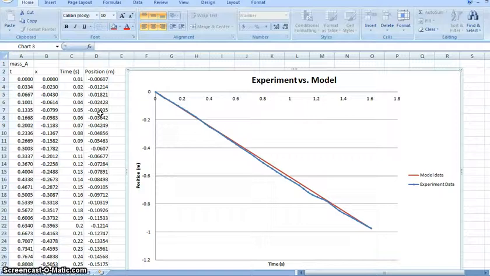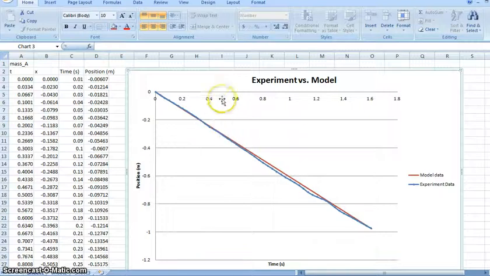Then I graphed these two sets of data, and this is what I got. The red line shows the model data, the blue dotted line shows the experimental data. Here I can mention that at the beginning of the motion I have almost a perfect motion with constant velocity. The 2 graphs are one over the other. We have a very good approximation of the motion with constant velocity.